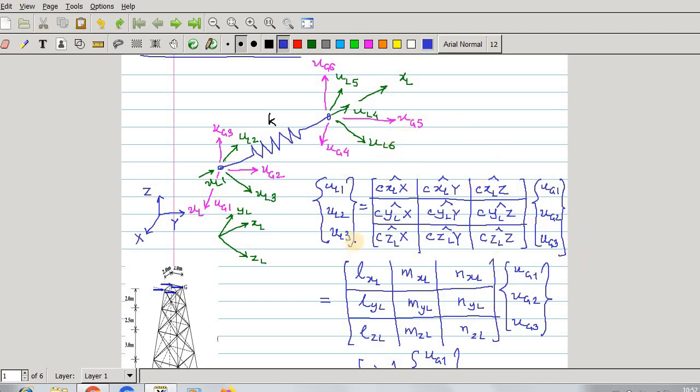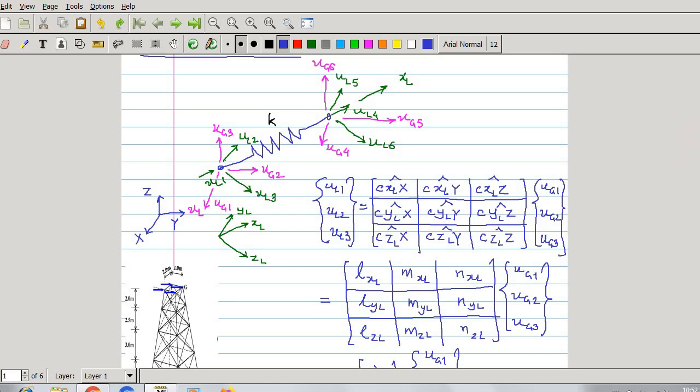As you know, the transformation matrix is this, where this entry is the cos of the angle between the local x-axis and the global x-axis.